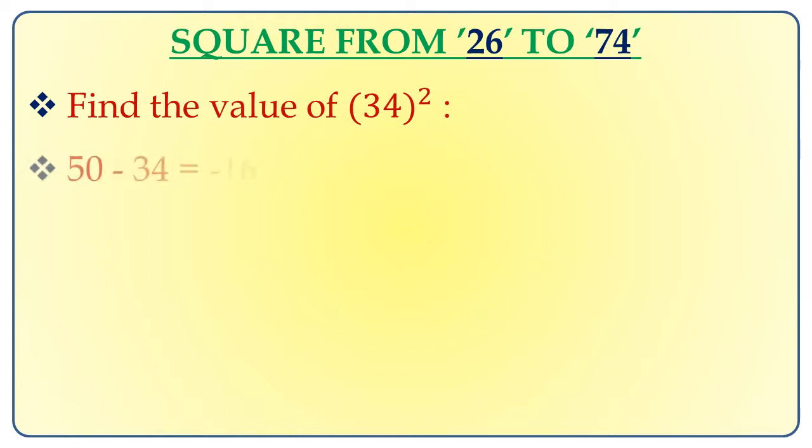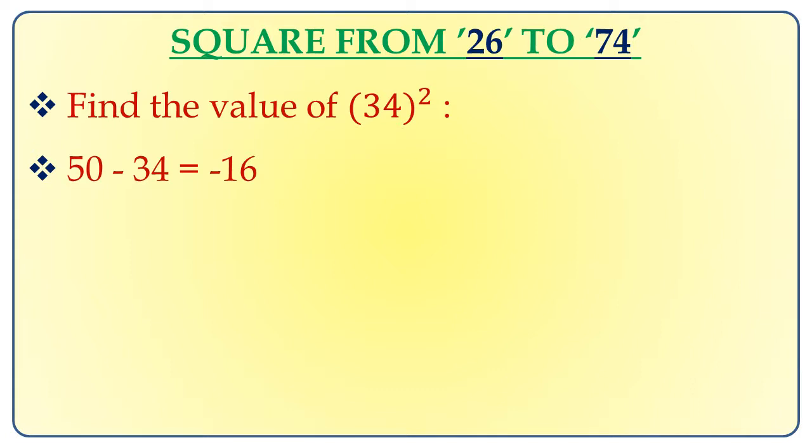Our next example is find the value of 34 square. Now this 34, as we see clearly, is less than 50. We have already told you that for any number which is less than 50, the difference will be negative. So 50 minus 34, we take minus 16. Why minus 16?